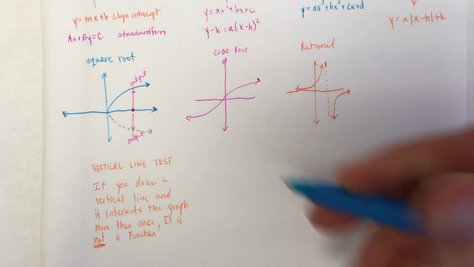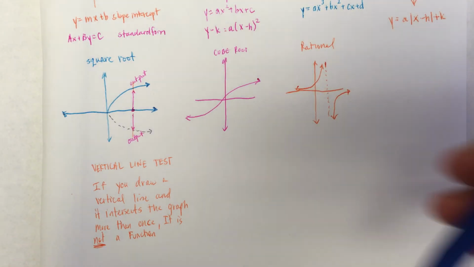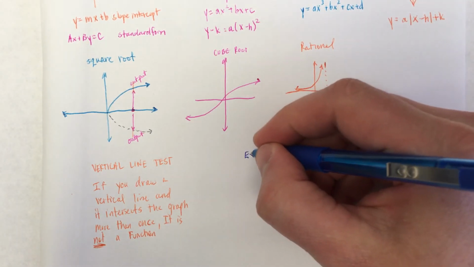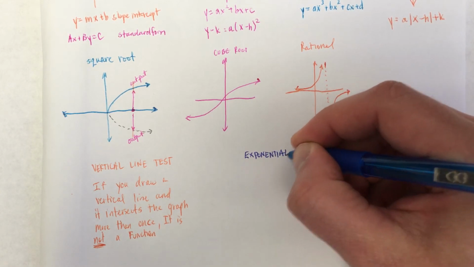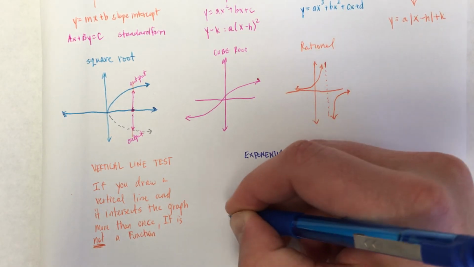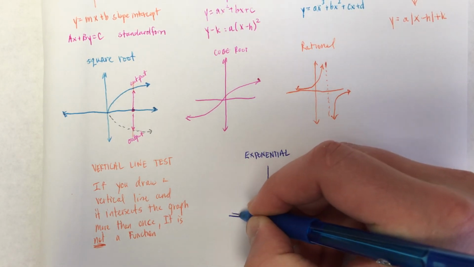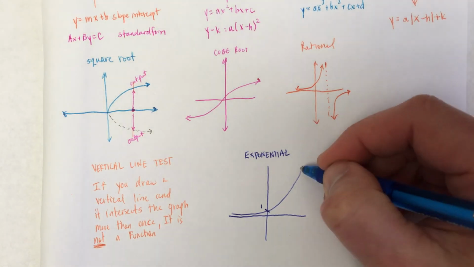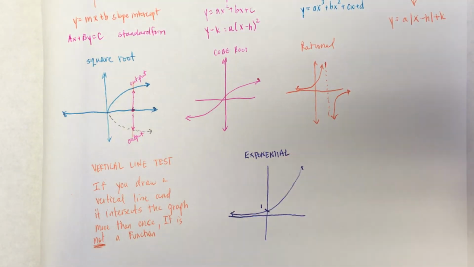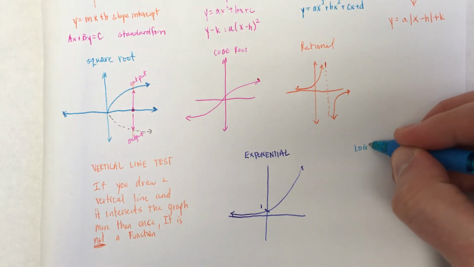And the last two that I'm going to look at for you are the exponential and the logarithmic. So the exponential goes through here, kind of goes up, should go through 1 unless there's some acting condition upon it, and then its inverse is logarithmic.